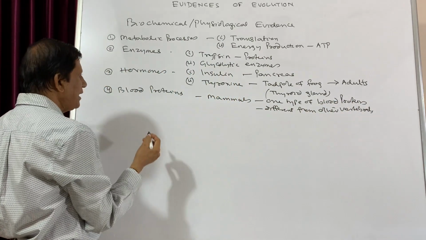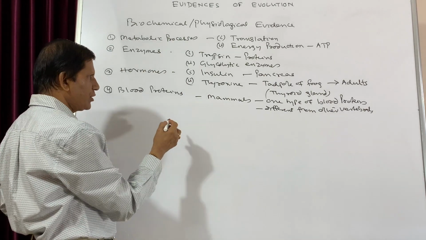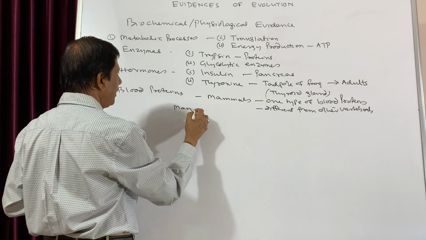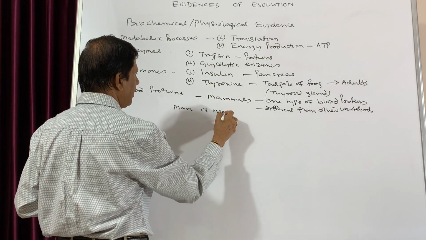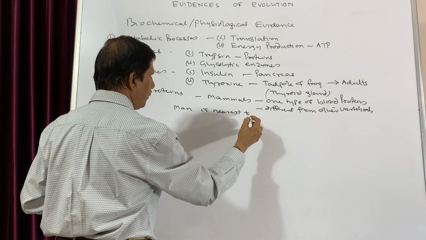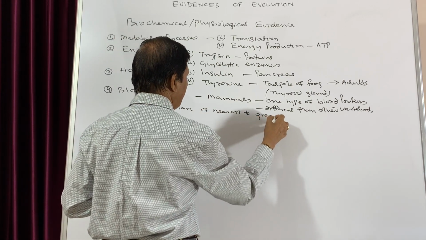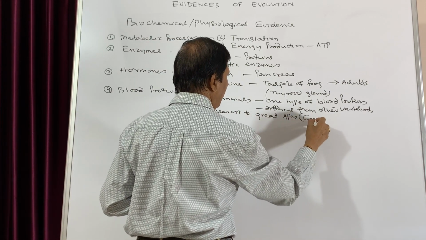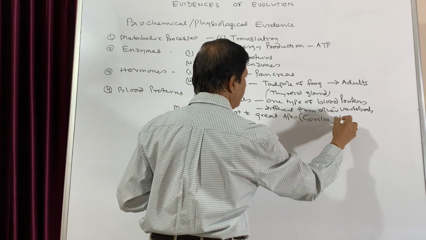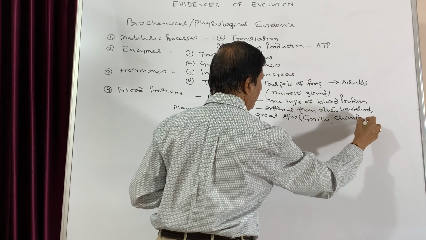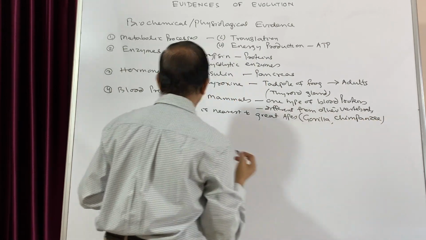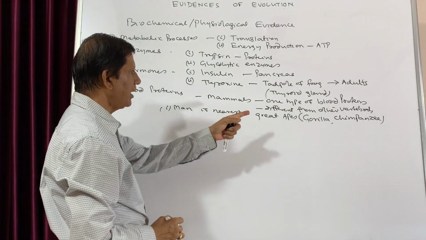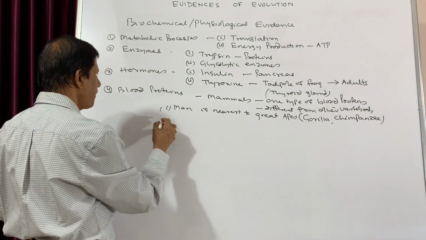So if we analyze the blood proteins, then we'll find that man is nearest to great apes. Great apes means gorilla and chimpanzee, because the blood proteins are similar in the man as well as the great apes like gorilla and chimpanzee.